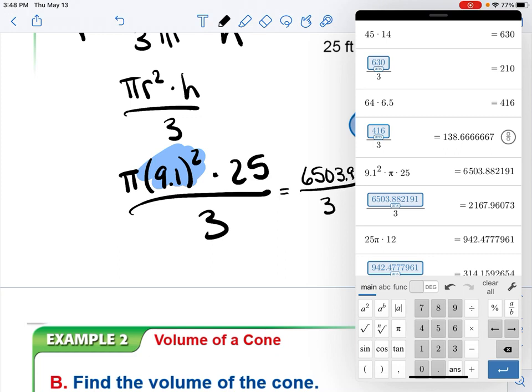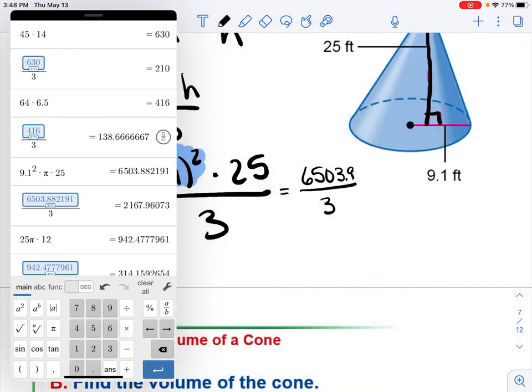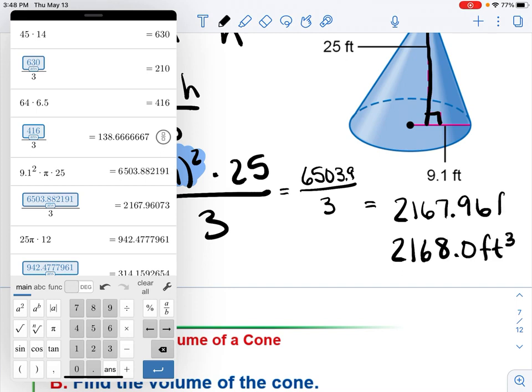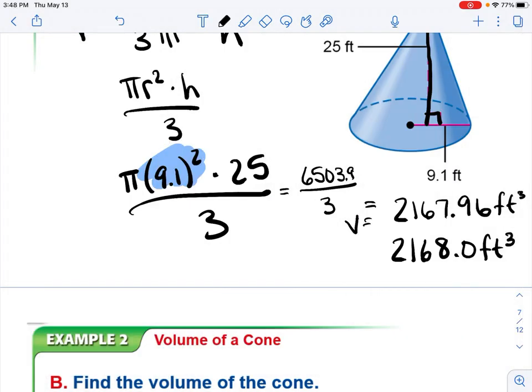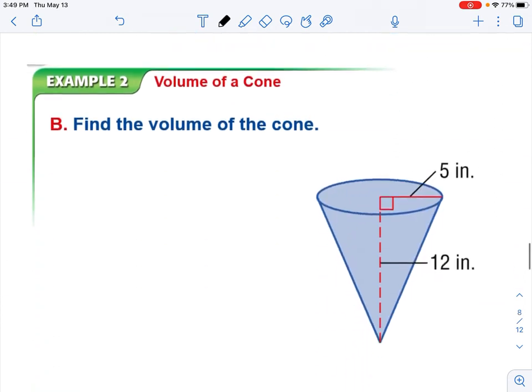Then divide by 3 and you get 2,167.96, or if we round up, 2,168. And this is cubic feet because we have the volume. Okay? Cones are actually very simple. Actually, this whole lesson's pretty simple.